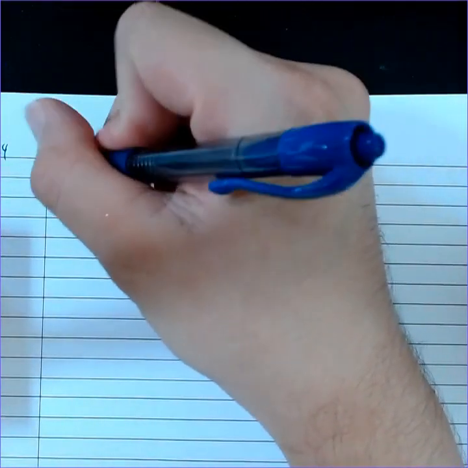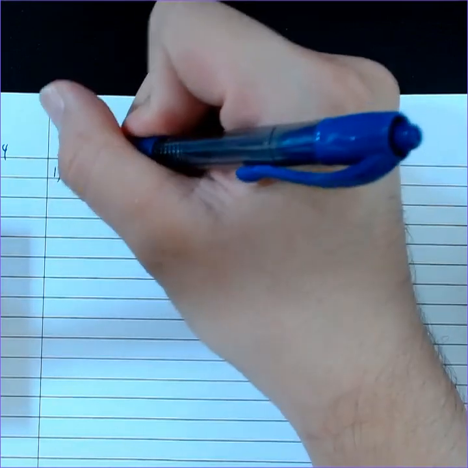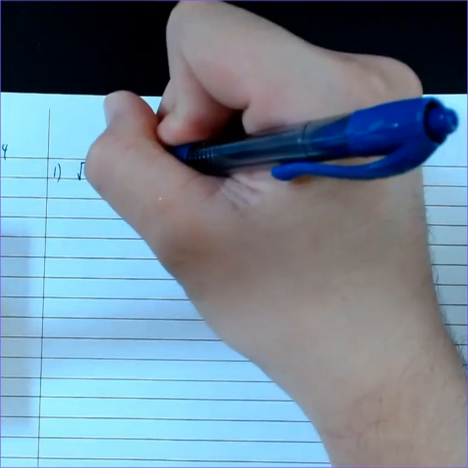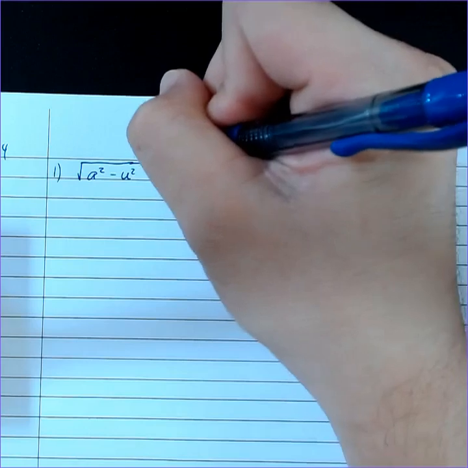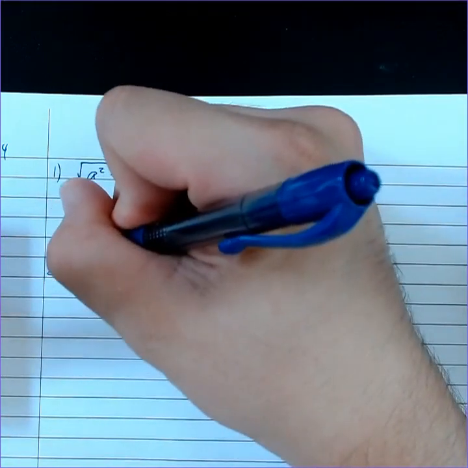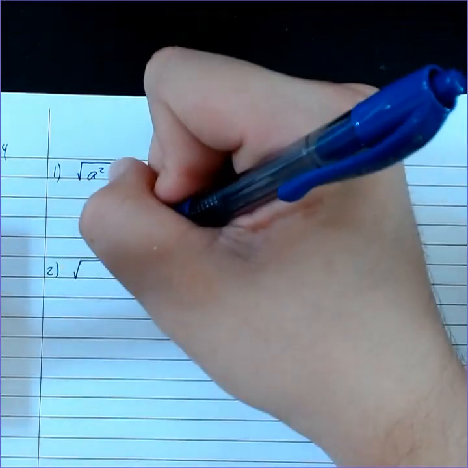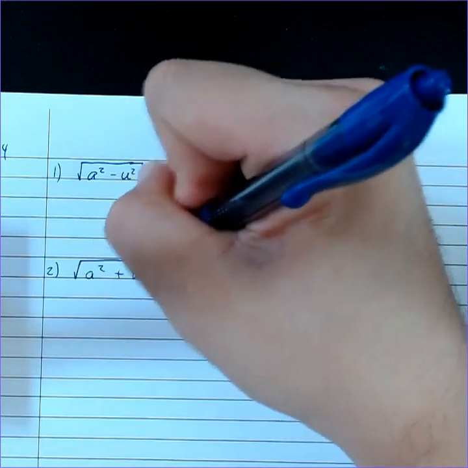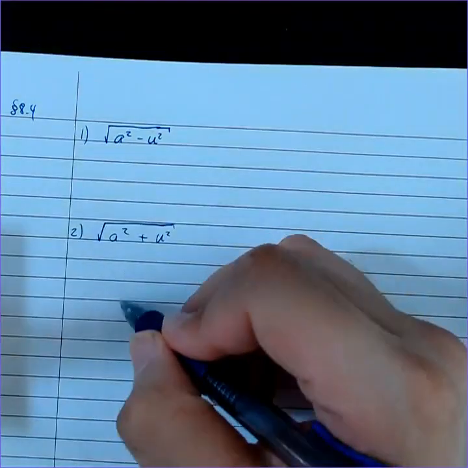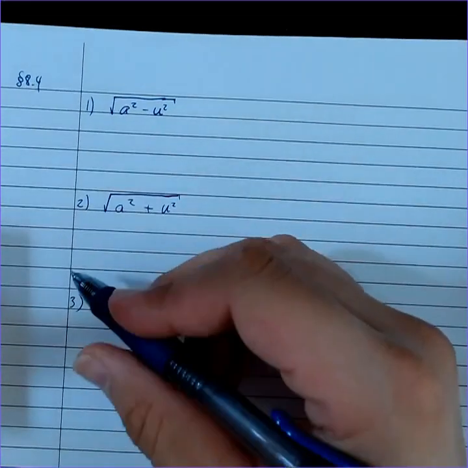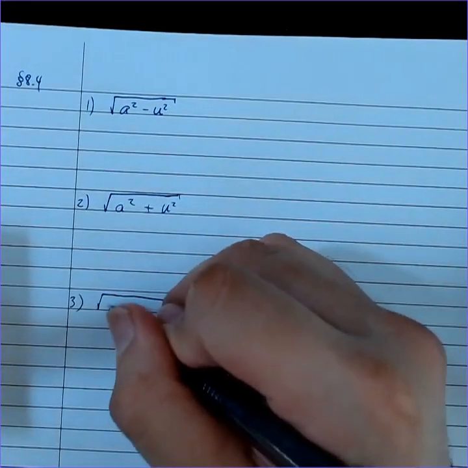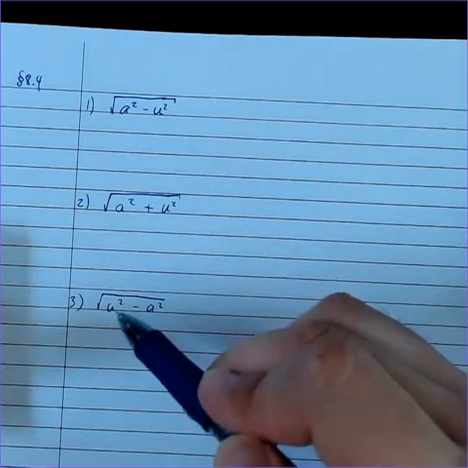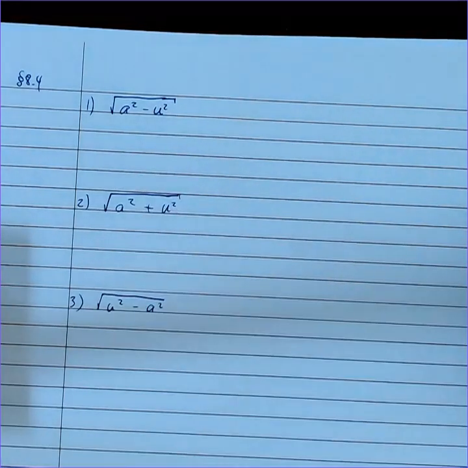Whenever you have integrals that involve, and there's going to be three of them, if your integral involves the square root of a constant squared minus a variable squared, if your integral involves a constant squared plus a variable squared, or if your integral involves the square root of a variable squared minus a constant squared. Notice these are almost the same, but these are reversed. Here, this is a sum instead of a difference like those.